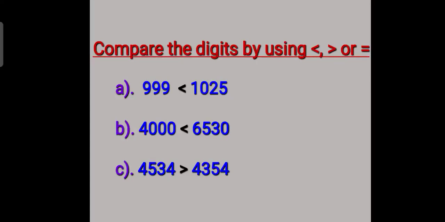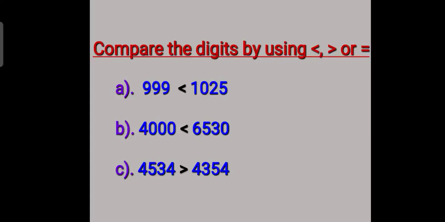So we compare the first digit. Now see, in 4000 the first digit is 4 and in 6530 the first digit is 6. So 4 is smaller and 6 is bigger. So 4000 is smaller than 6530.